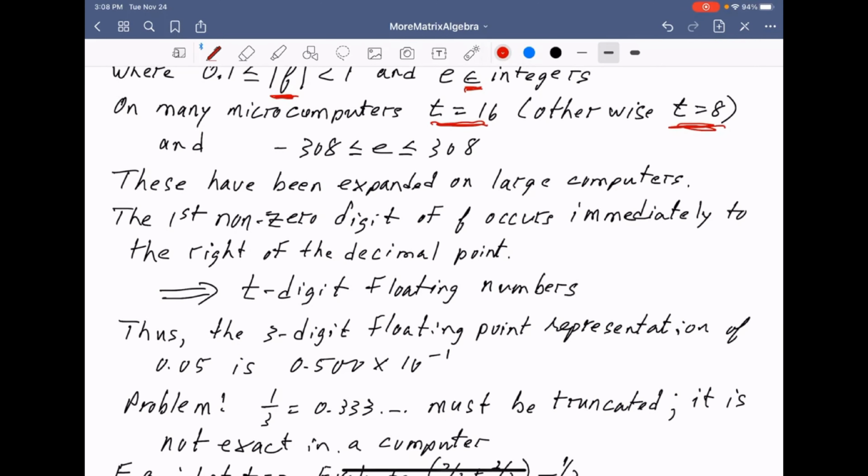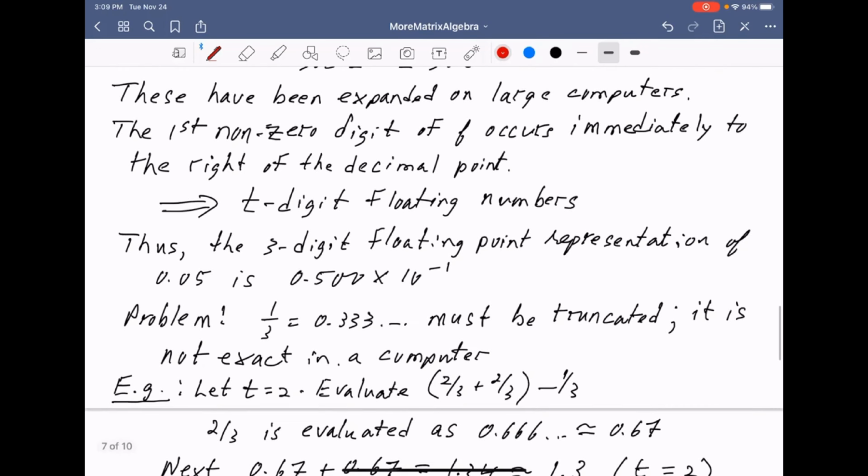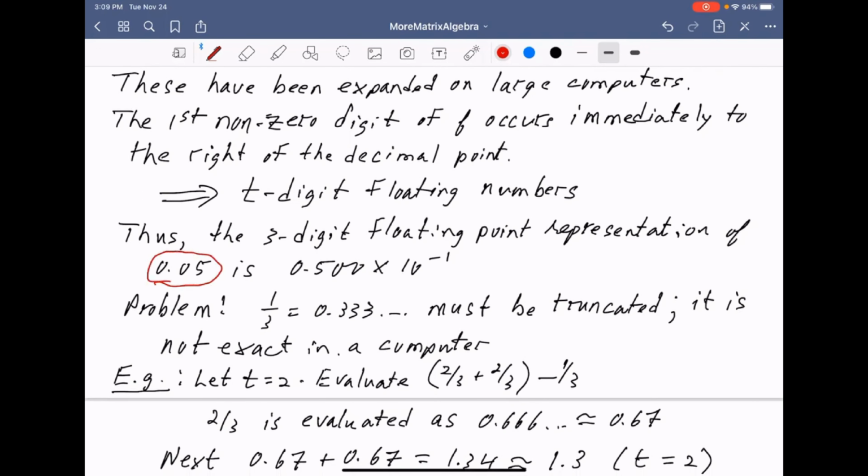The first non-zero digit of F occurs immediately to the right of the decimal point. So everything is in a decimal format. So you see a t-digit floating number. Thus, if we want to represent 0.05 as a 3-digit floating point number, we end up representing it like this.